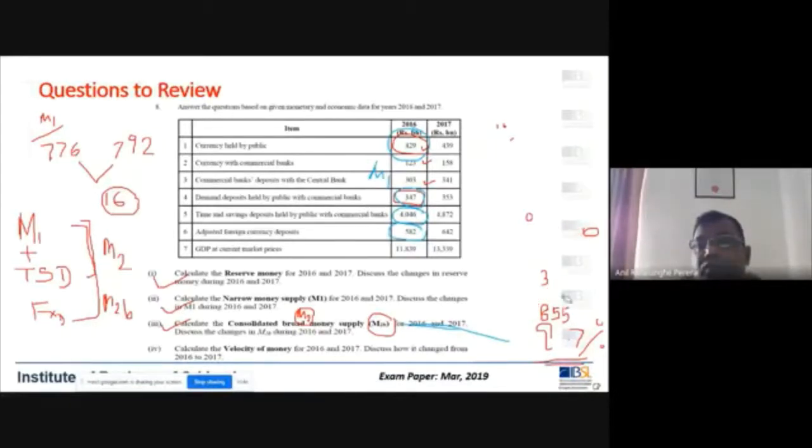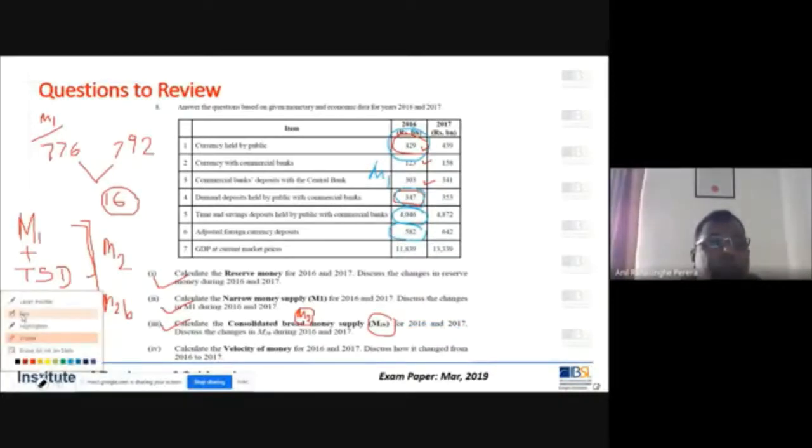I'm just telling you because you might be confused as to which monetary aggregate we have to take. Now we have two types of monetary aggregates here. One, we have M2, and we have M2B as well, right?